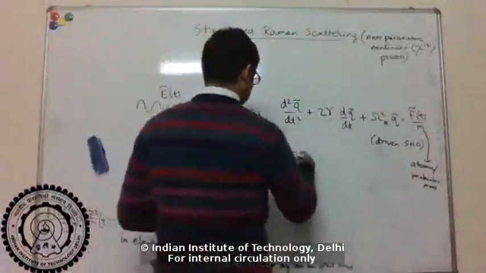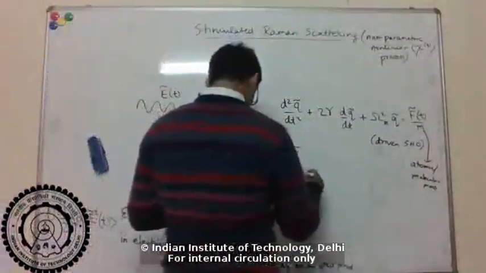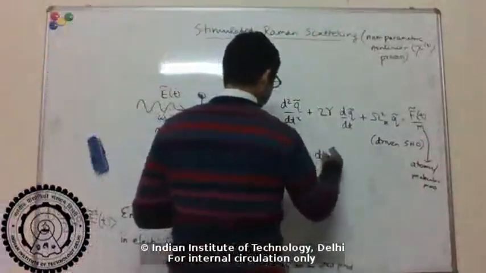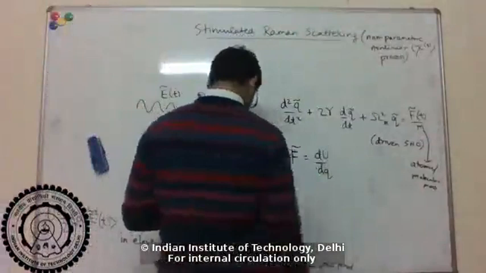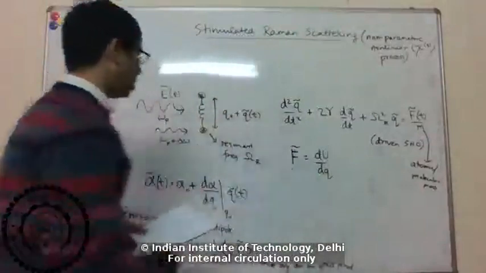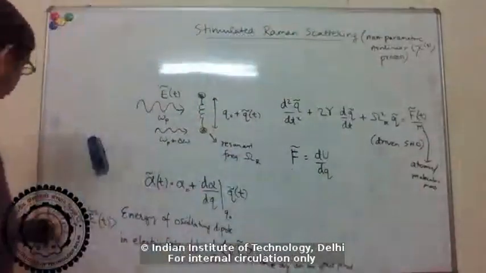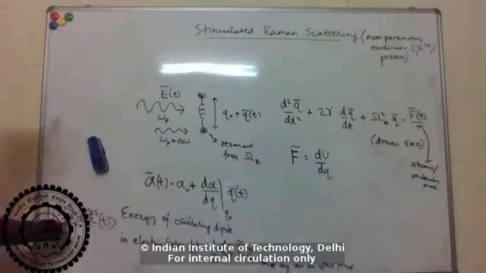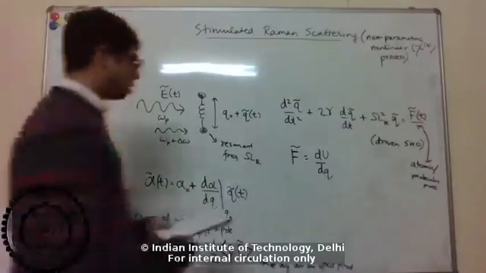Okay, so this force I can write as dU by dQ. So the only term which depends on Q here is alpha.